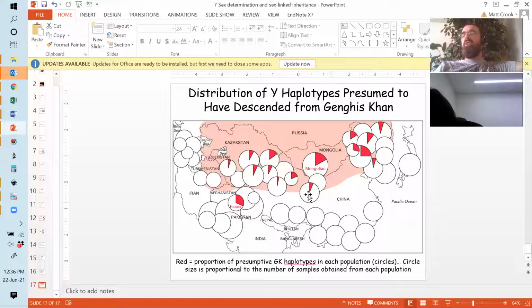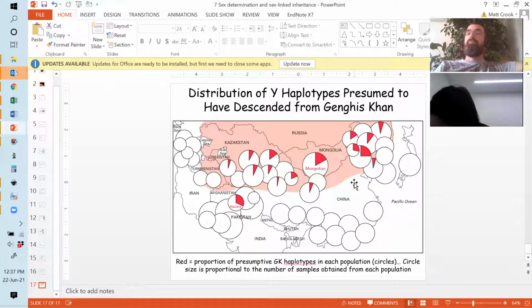And so you can actually trace back, if you're living in that region, whether or not you're descended from, or presumably descended from, Genghis Khan. And you can see that that matches really well with the extent of the Genghis Empire, which stretched all the way over to the stans over here, Turkmenistan and Afghanistan and Uzbekistan.